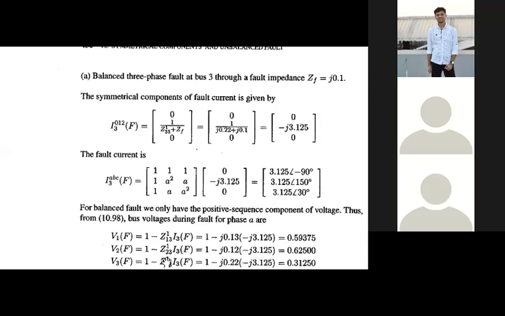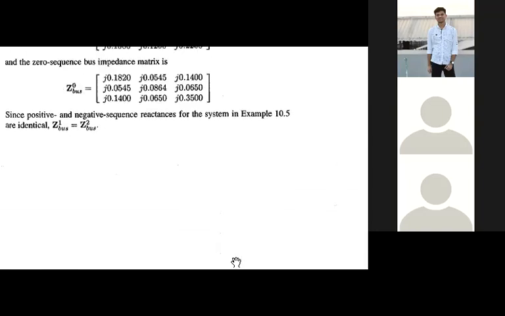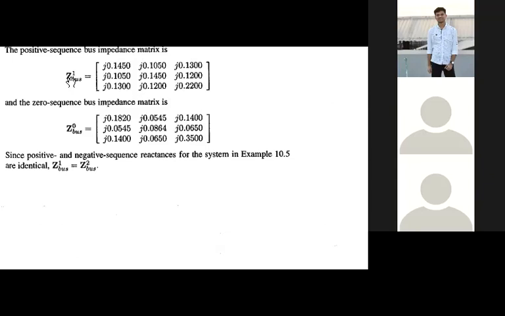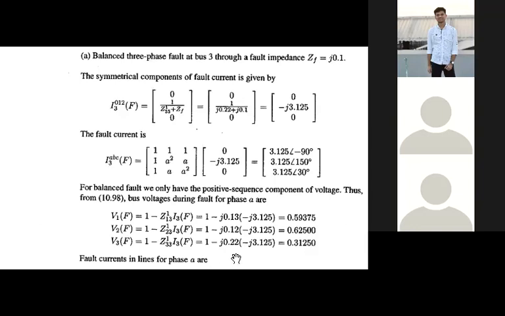You can use that. And Z33, what will be the Z33 value in terms of the bus 1 matrix? This is Z33, right? So you can put that information in to find all the bus voltages V1F, V2F, V3F during fault.